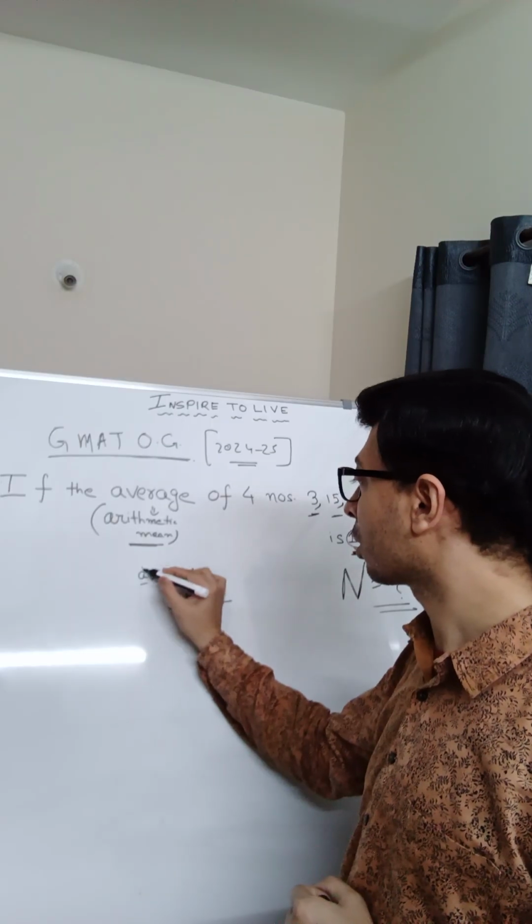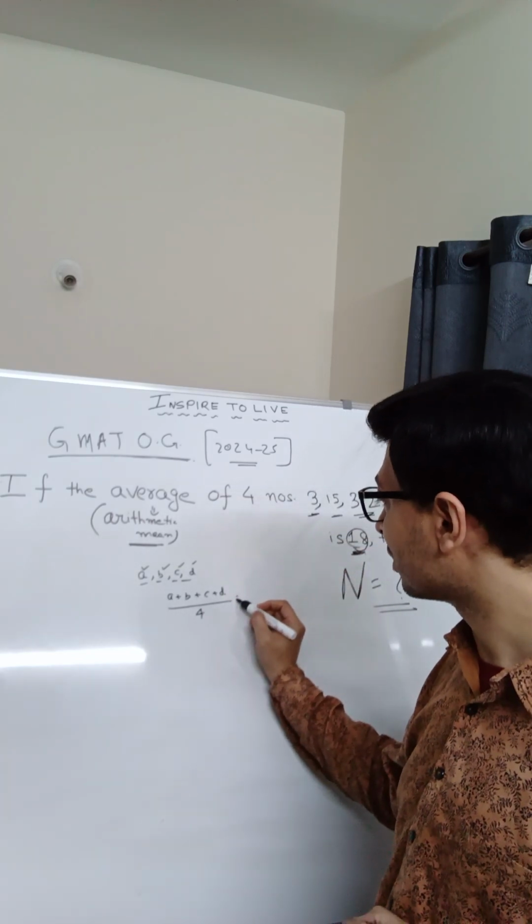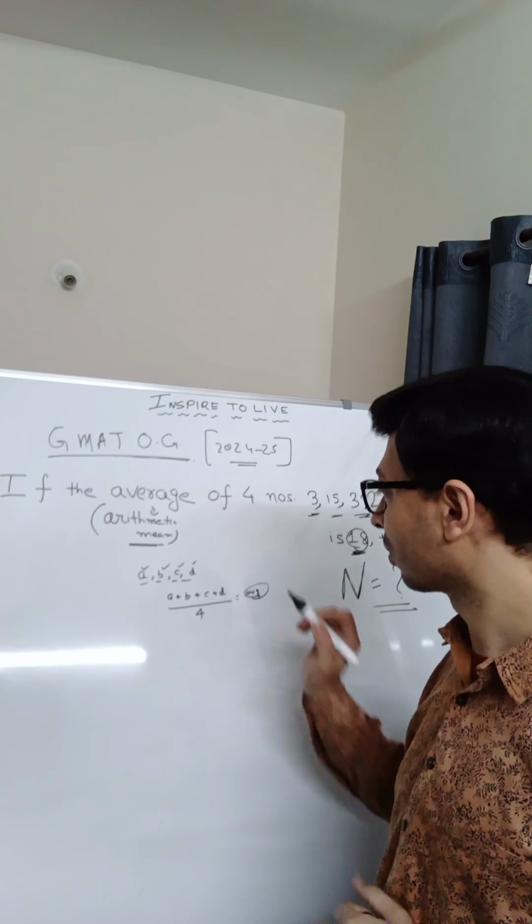Why 4? Because there are four numbers. This is how I calculate the average of four numbers.